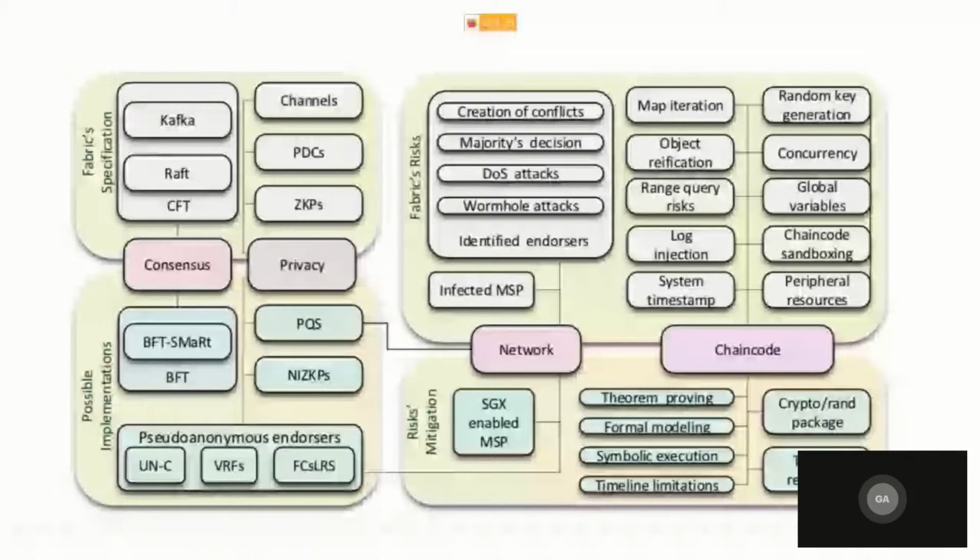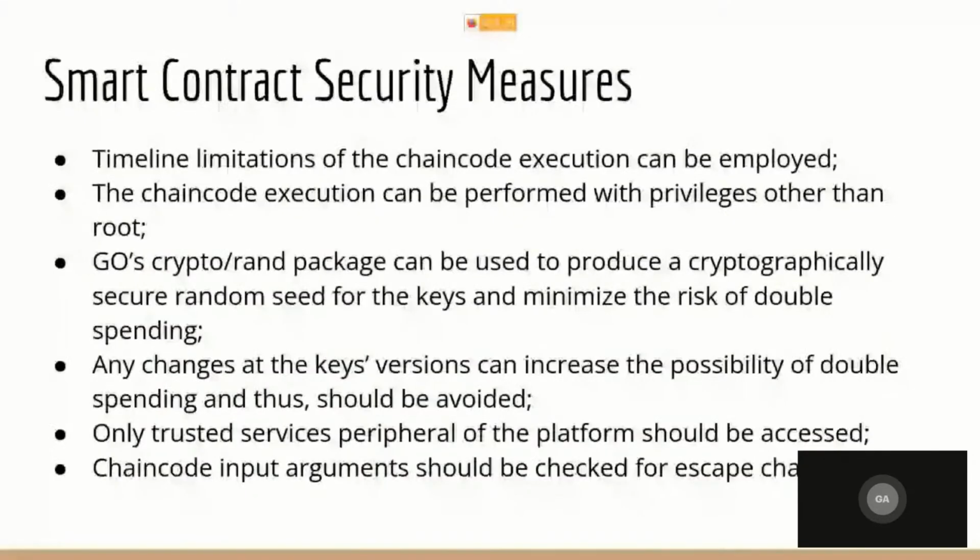That is another possibility to protect the membership service provider. For smart contract security measures, timeline limitations of chain code execution can be employed. If you are using timestamps, timeline limitations could be one possible option.